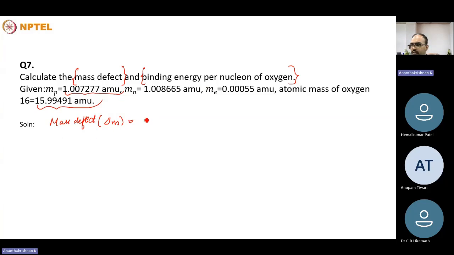So what we could do is multiply 8 into the masses of protons, neutrons, and electrons. That is 1.007.